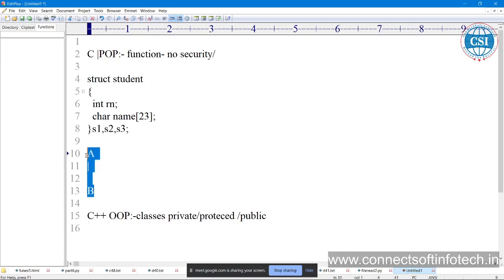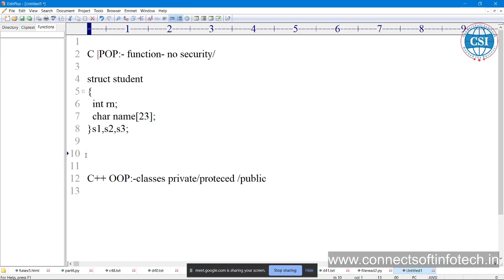like parents and children. A parent can purchase a bike, and the children will use the bike of the parent. So one object is created and we are using it. From the inheritance point of view, the properties of the parent are derived into the child, and then the child can use those properties.